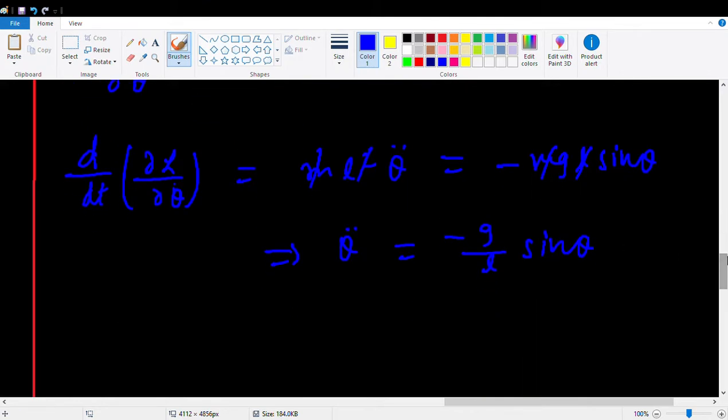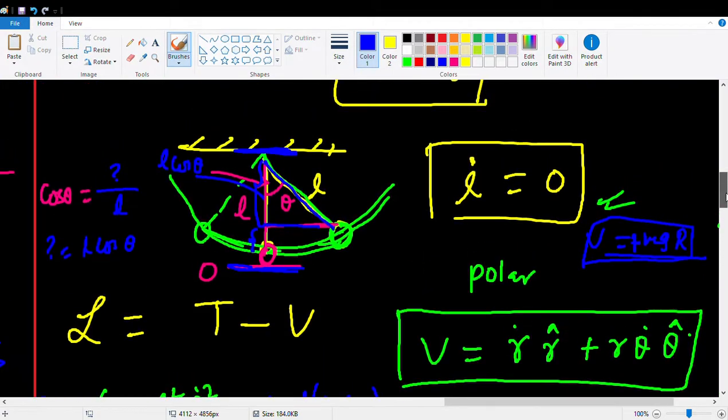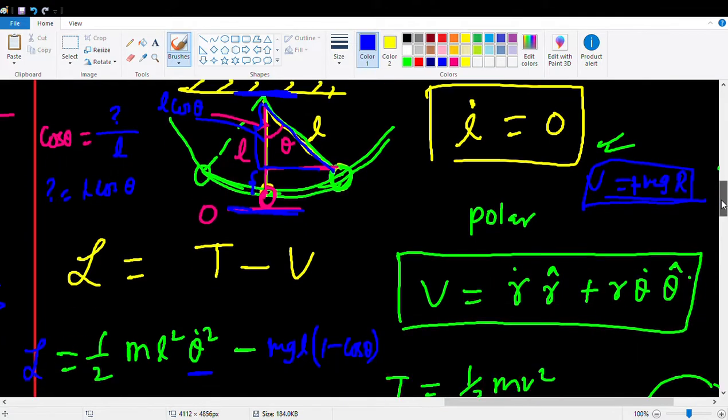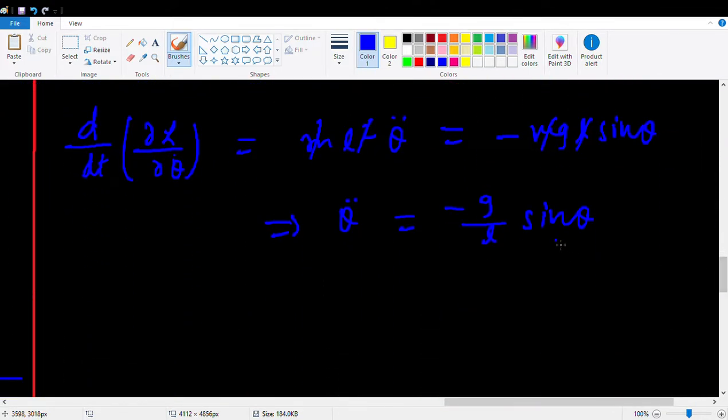When your angle is small, because you already know that for a simple pendulum the angular displacement must be small. Otherwise, it will depend on this sine function, and you have to make a Taylor series expansion, with so many correction terms involved.